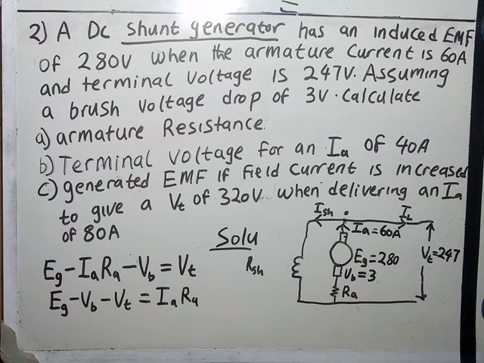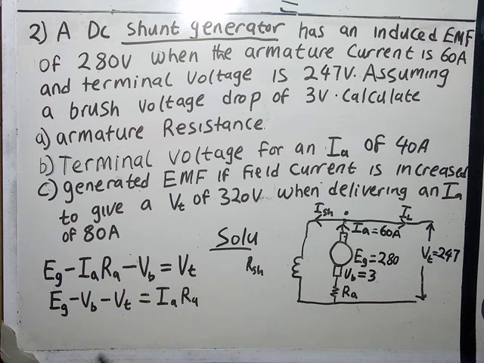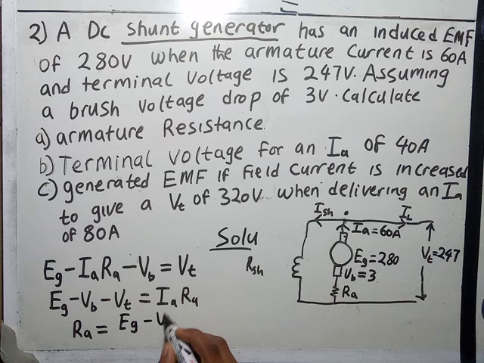Now dividing both sides by IA, we'll be having that RA is equal to EG minus VB minus VT divided by our IA. So if we use this formula, we will get our RA.